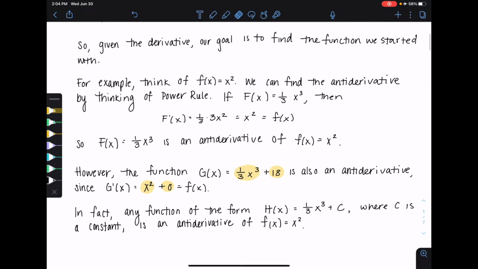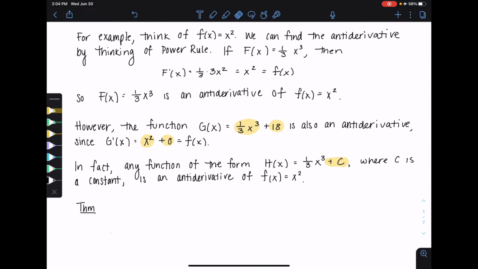So in fact, if I take this 1/3 x cubed and I add any constant c, then that's going to be an antiderivative of x squared because that constant will disappear with the derivative. So this is called our most general form for the antiderivative.